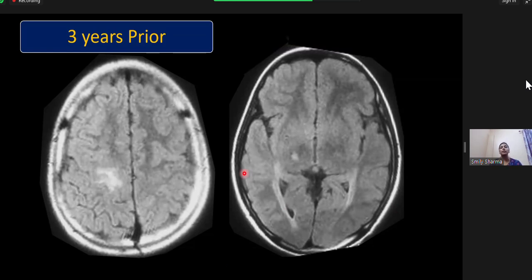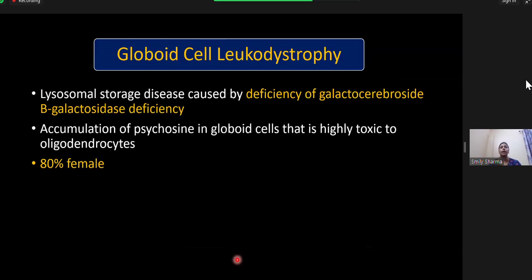This 3-year prior image is put here to tell you that in Krabbe's, the initial involvement may be very asymmetric and atypical, and we may just see involvement of one corticospinal tract, and on follow-up it progresses and can involve the second corticospinal tract as well. So involvement of just one tract again points towards Krabbe's disease rather than ALS.